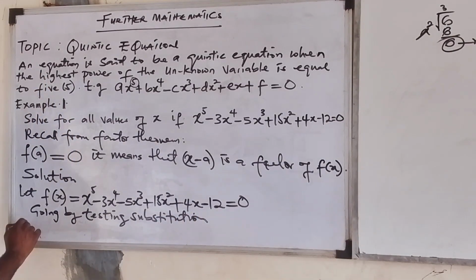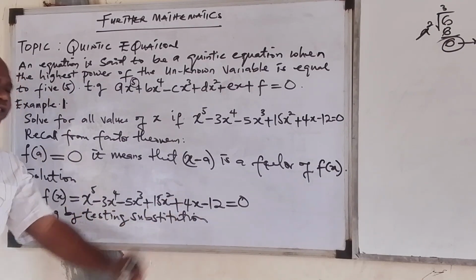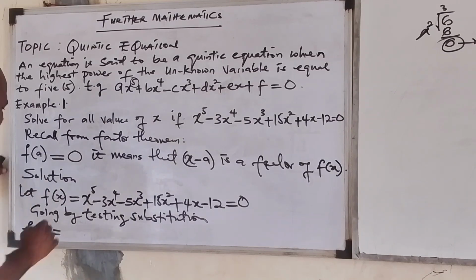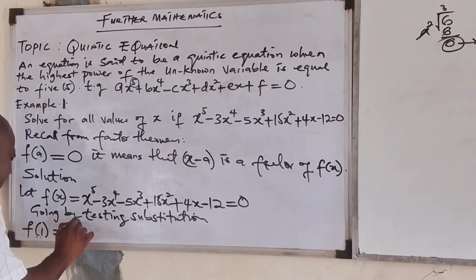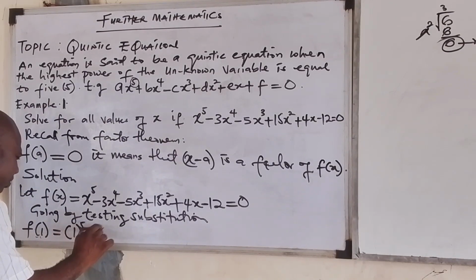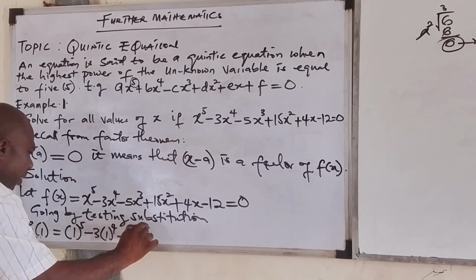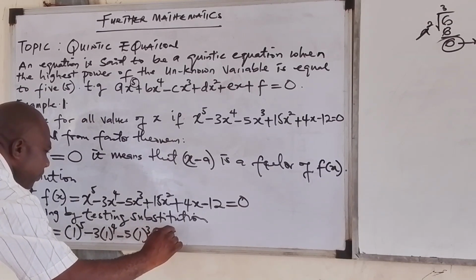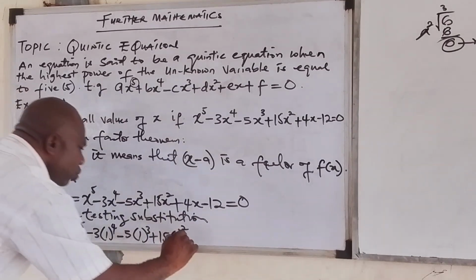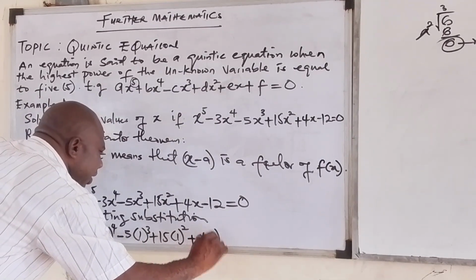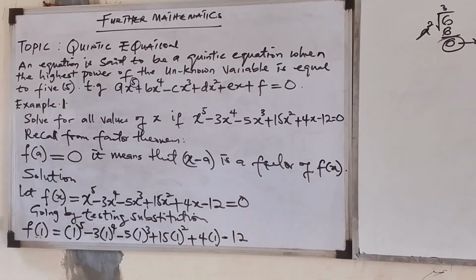Now, let's see f(1). f(1) actually means anywhere you see x here, you put 1 there. So f(1) is 1^5 - 3(1)^4 - 5(1)^3 + 15(1)^2 + 4(1) - 12.